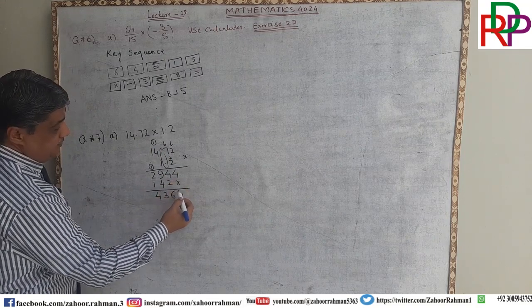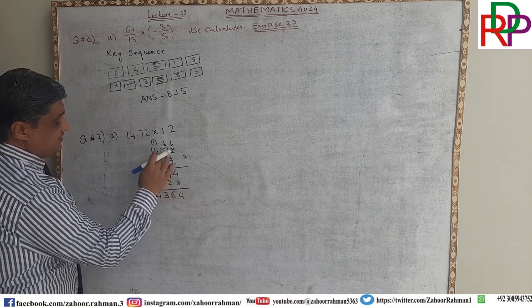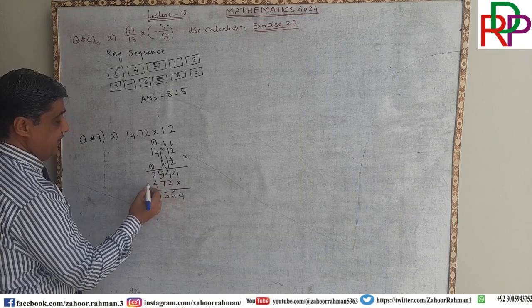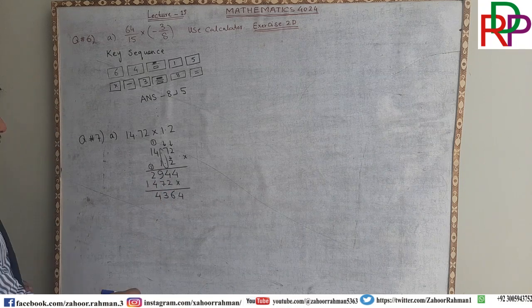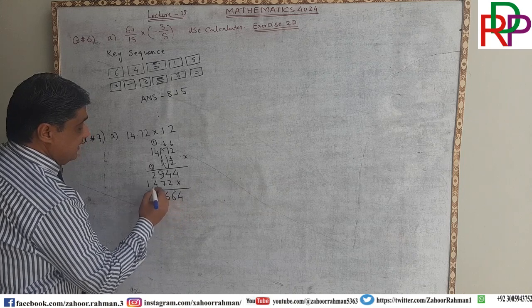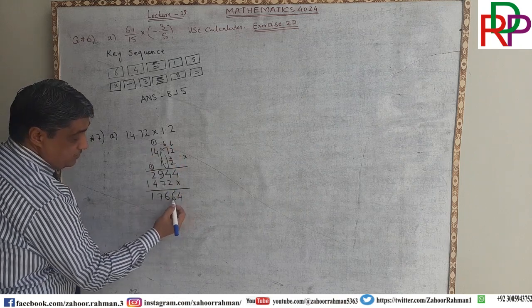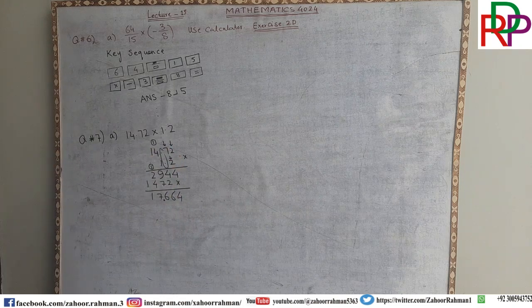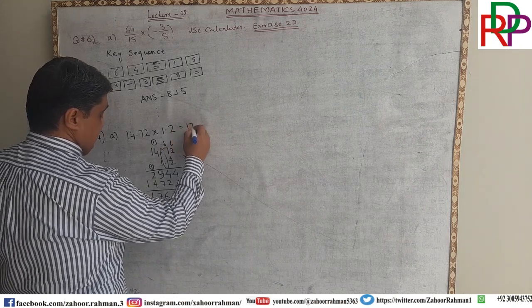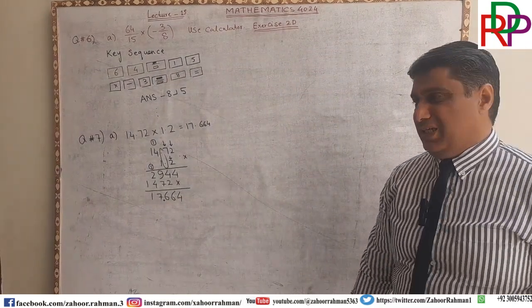So 4, 6, 6, 7 and 1. Yes, and after the decimal there are 3, so you have to put the decimal here. So the answer of this is 17.664.